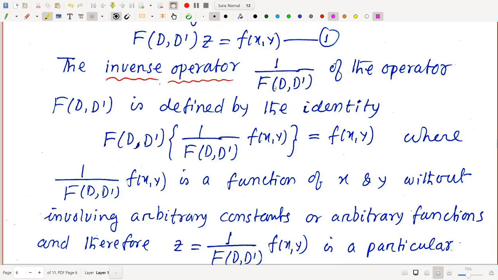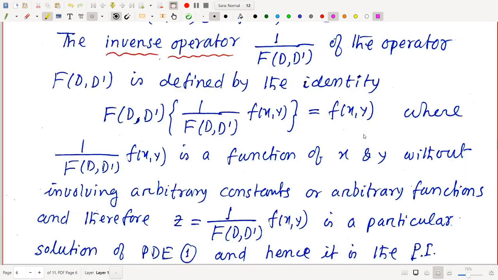Okay, the 1/f(D, D') operator definition is given by this identity. And before that, what is 1/f(D, D') f(x,y)? By convention we define it like that, where 1/f(D, D') operating on f(x,y) gives a function of x and y without involving arbitrary constants or arbitrary functions.